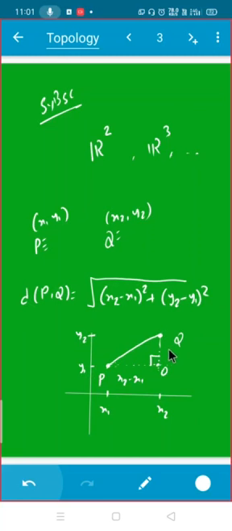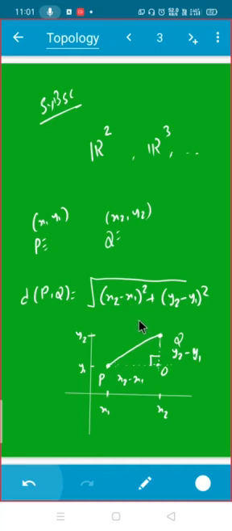This is y2 minus y1, correct? Now if you want to find the shortest distance from P to Q, that is the straight line joining them. Do you agree? And you got this formula.